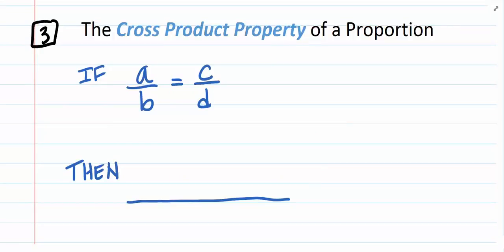Box number 3 is the cross product property of a proportion. Many of you might be familiar with this property as opposed to the multiplication property. It's an if-then statement.